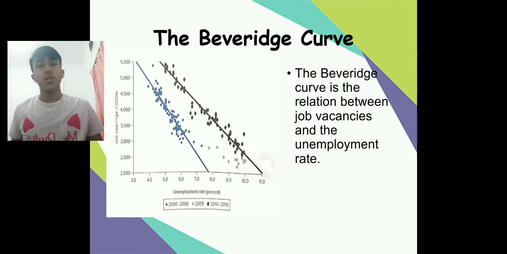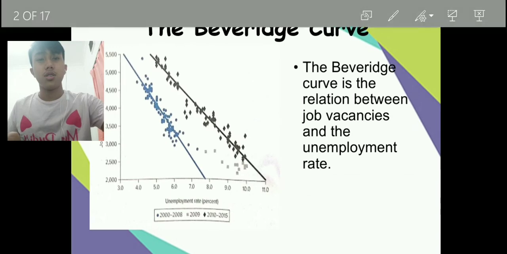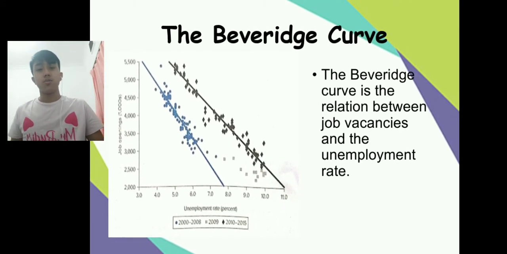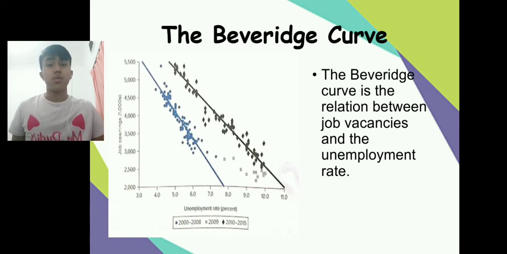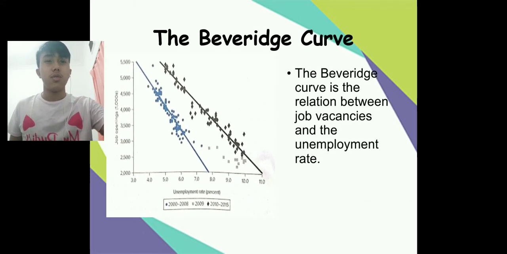On the left hand side we have the job vacancies or job openings, and at the bottom we have the unemployment rate in percent. The dots represent the years. We're not going to look at this further, so let's move to the next slide.